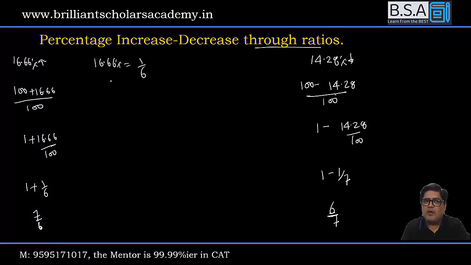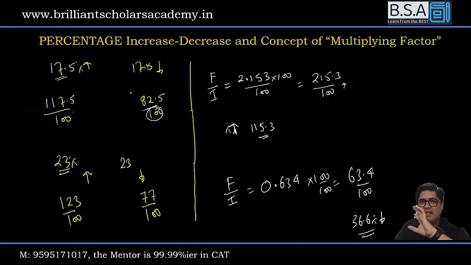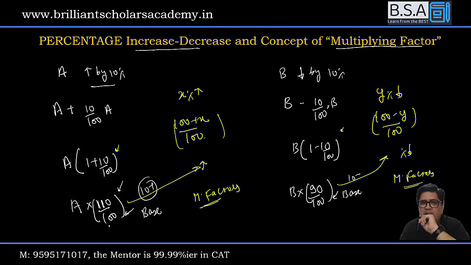So see, now for 16.66, I am no longer using 100 as a base. I am using 6 as a base. So do you see here? There is one value more on 6. Because see, normally what we do is in percentage increase decrease, we use 100 as a base. 100 के ऊपर ज़्यादा means increase. 100 के ऊपर less means decrease.